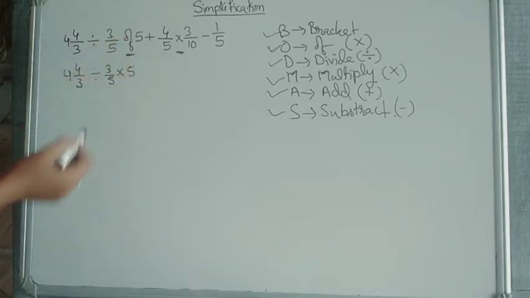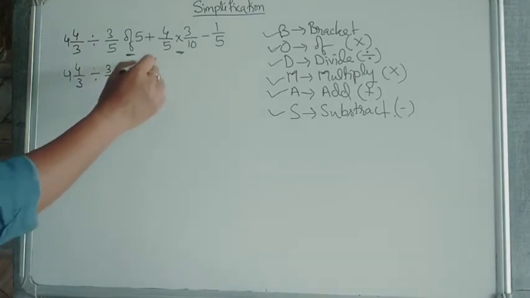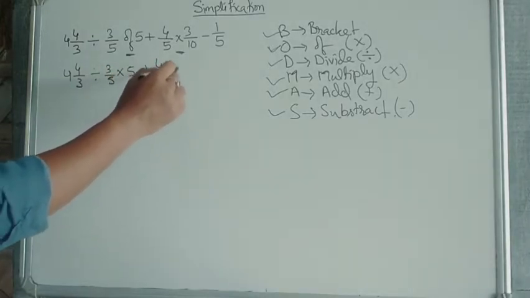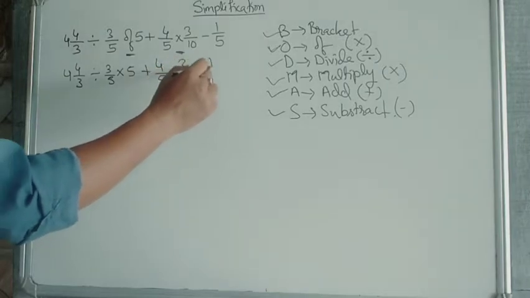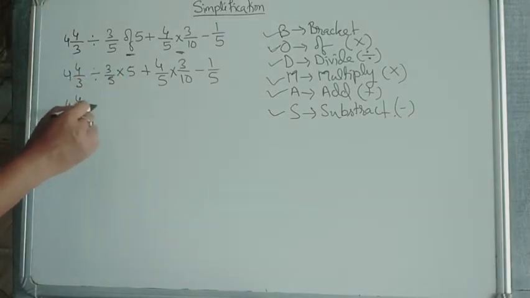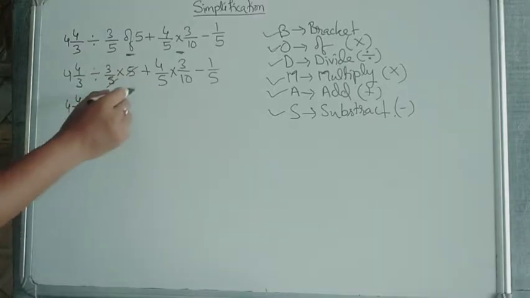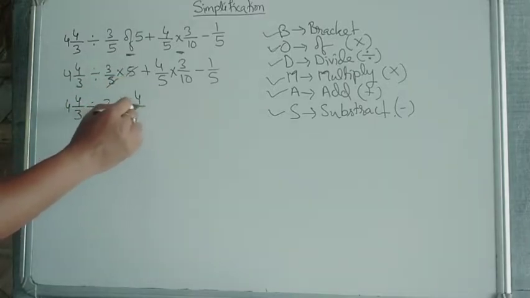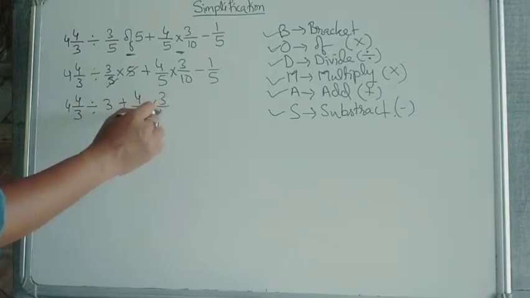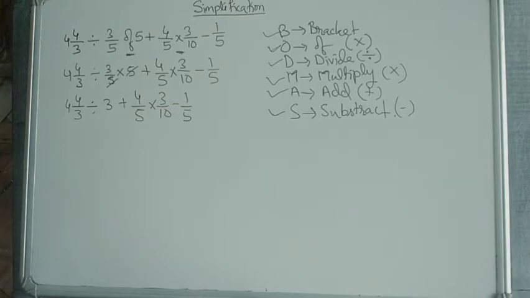So this of became a multiplication sign, plus 4 by 5 into 3 by 10 minus 1 by 5. Other things remain same. Now we have to calculate this. This 5 gets cancelled, remaining is 3 plus 4 by 5 into 3 by 10 minus 1 by 5. So other things remain same again.